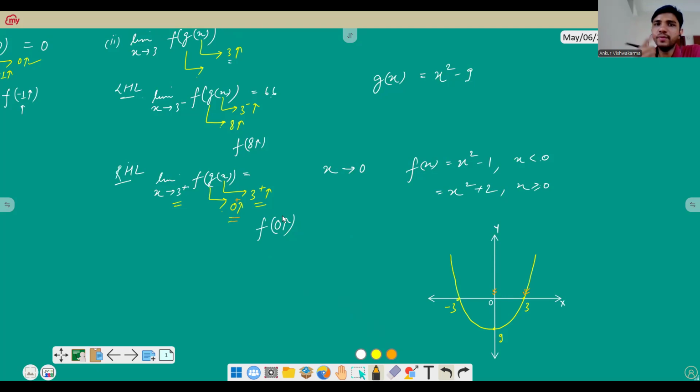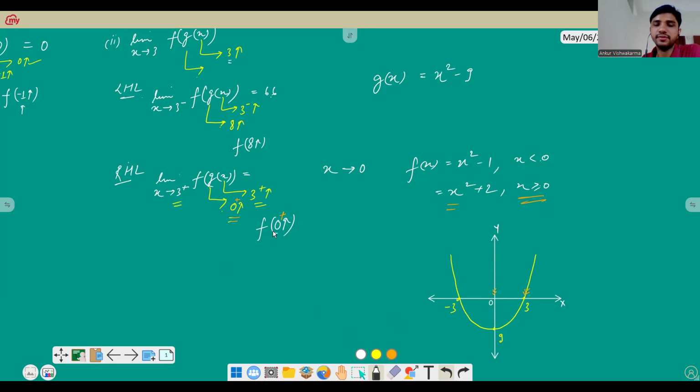So g(x) approaches towards 0 from the positive side. So now in the argument of f, we have 0 positive, meaning approaching 0 from the positive side. So now we can choose the definition of f(x) in which x is approaching towards 0 from the positive side. So yes, we will use the second definition of f(x).